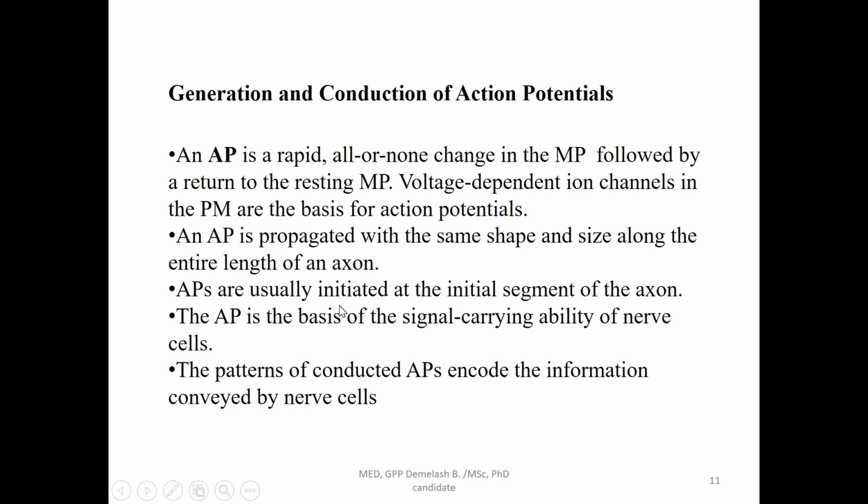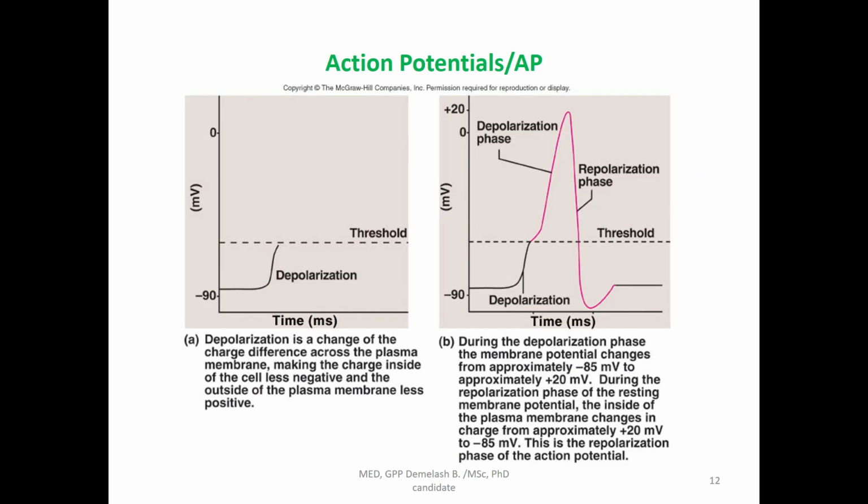Action potentials are usually initiated at the initial segment of an axon, in the axon hillock. The action potential is the basis of the signal-carrying ability of nerve cells, and the patterns of conducted action potentials encode the information conveyed by the nerve cells. So this is how the action potential occurs. Here is time, and here is millivolts, with time in milliseconds.